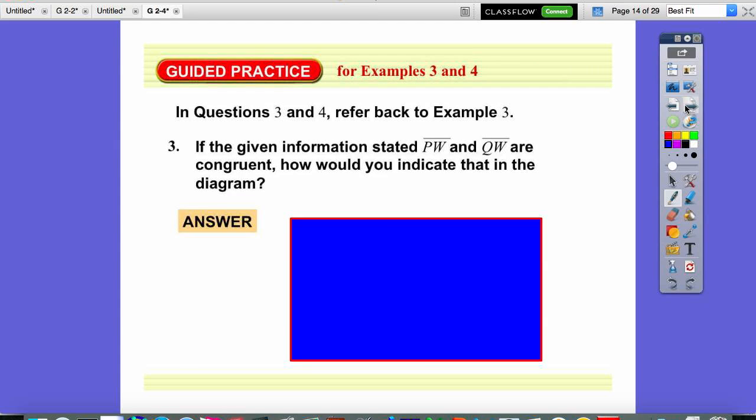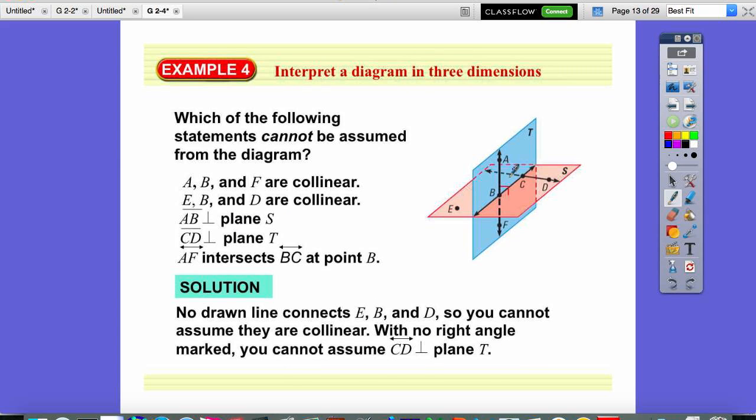In questions 3 and 4, refer back to example 3. If the given information stated PW and QW are congruent, how would you indicate that on the diagram?